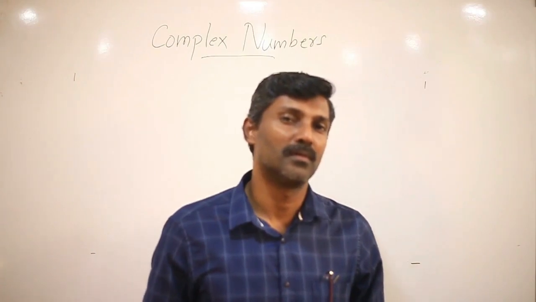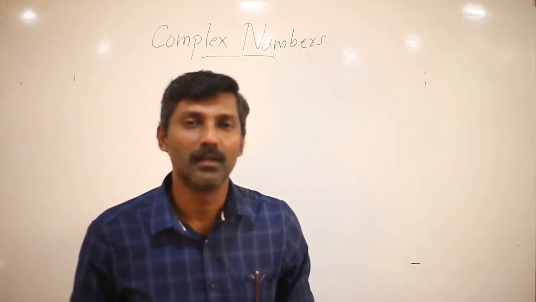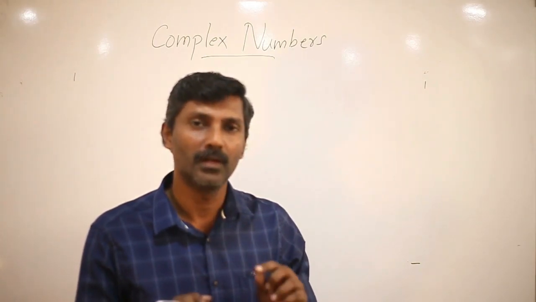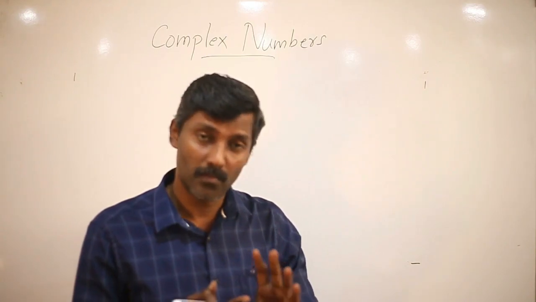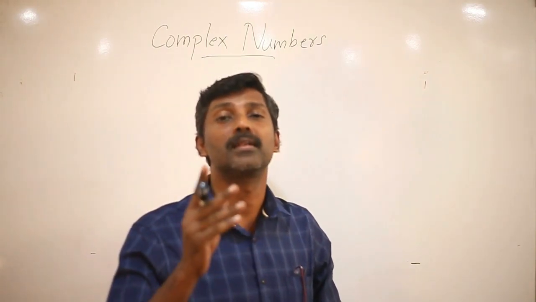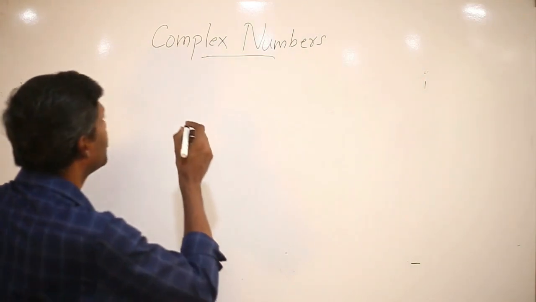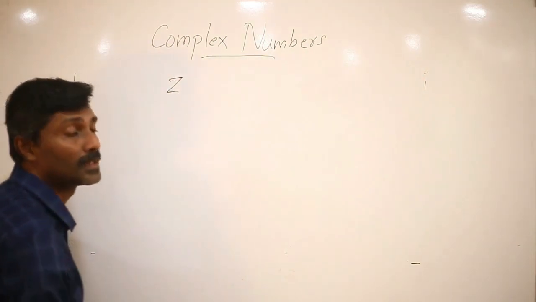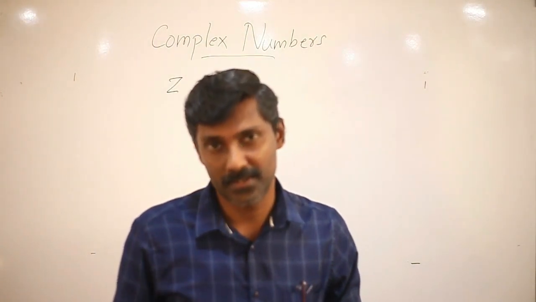Right, so now let's try to understand a few more things, like what is additive identity, additive inverse, multiplicative identity, and multiplicative inverse of a complex number. Say you have a complex number Z. What is the additive identity of Z?